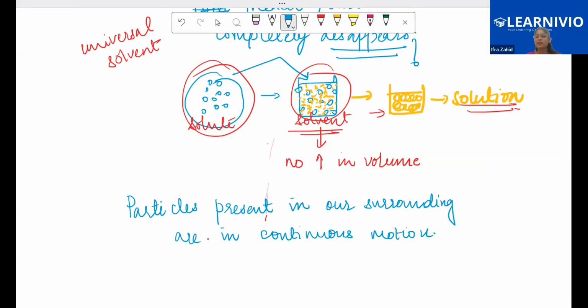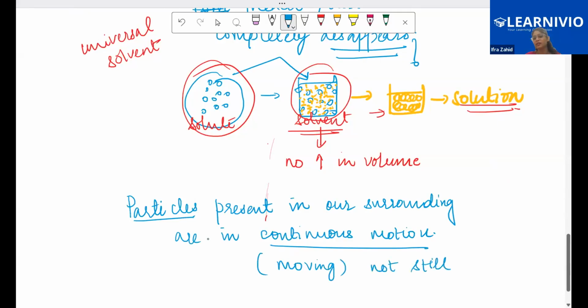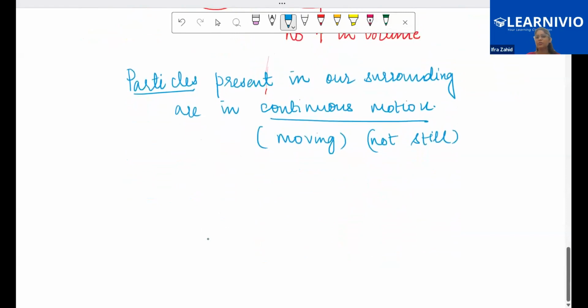These particles are in a continuous motion, which means they are continuously moving. They are not still. Okay? Now, how will you explain this movement of particles? Can you give me an example if you think of any? The water moves because of the motion of its particles.